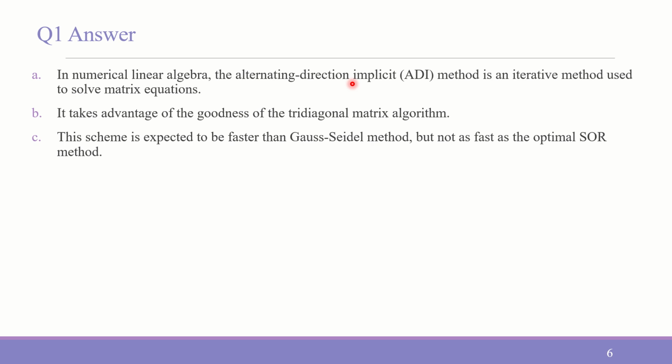But getting the optimal values for the SOR method is quite tricky and a bit difficult. Other than that, if we get the proper parameters, we can get the fastest solution. So that is one advantage of ADI over the Gauss-Seidel method.